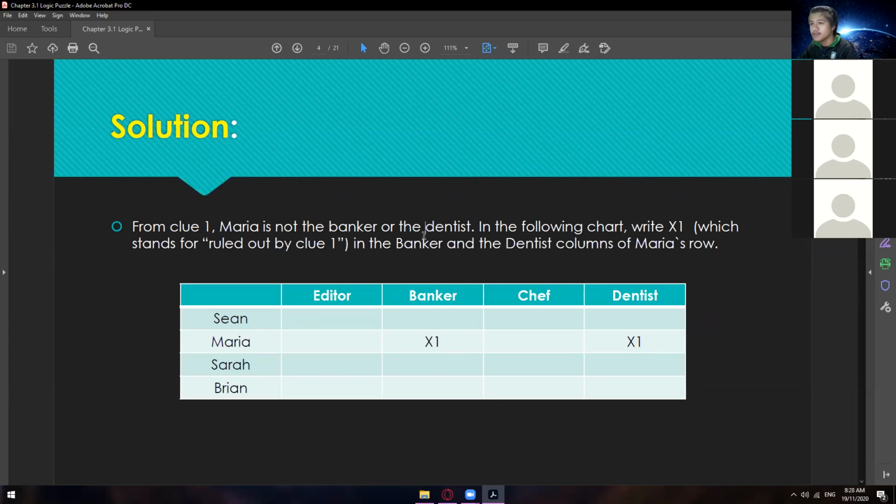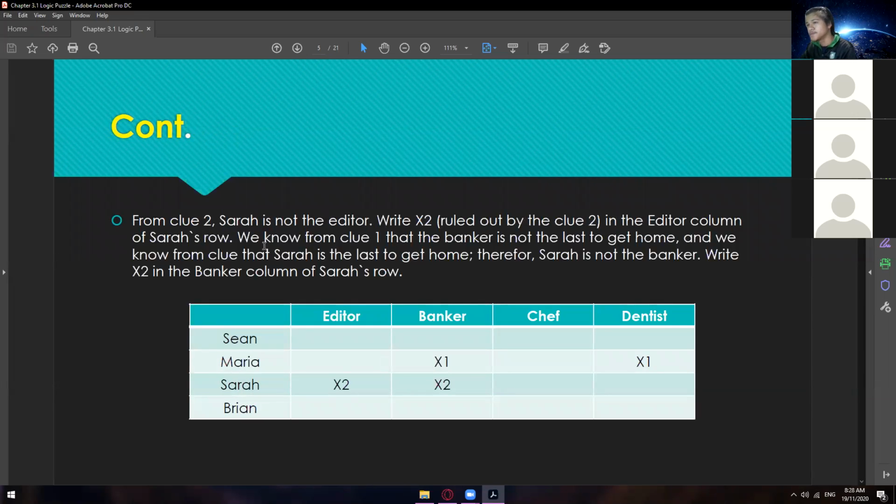Okay, and then coming from clue number 2, Sarah is not the editor. So from there, you could cross that one out already. And then you should write here X2 because this one is ruled out by clue number 2. So in the editor column of Sarah's row, so we know from clue 1 that banker is not the last to get home. And we know from clue 2 that Sarah is the last to get home.